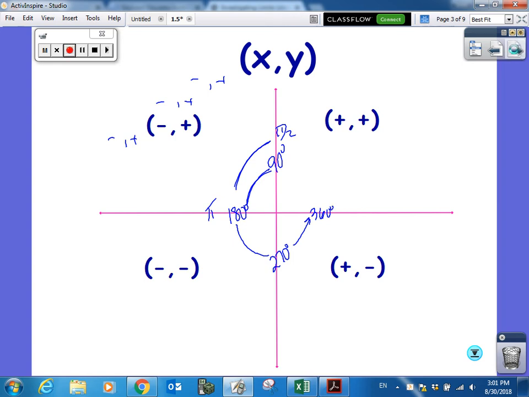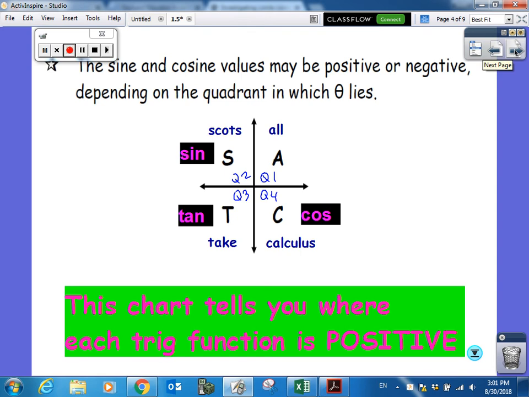If you like acronyms and this is easier for you, again, this tells you where it's positive. There's going to be 2 quadrants where it's positive and 2 where it's negative, always. There's no exception. 2 are positive and 2 are negative, always. So this is just an acronym to help you tell you where they're all positive. So if they're not positive, so sine is positive here, that means it's negative here.